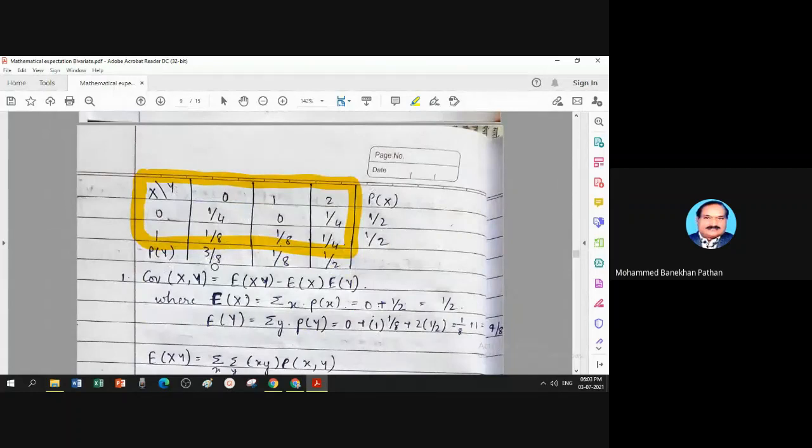What is the reason to calculate this? If you get the marginal, then you can find the expected value of x and variance of x. From these values, you can get the value of y and variance of y. And to get the covariance, you require the inside values for this type of calculation.